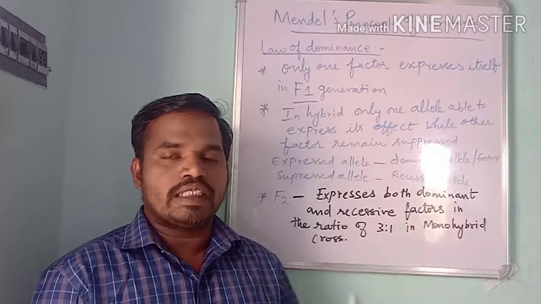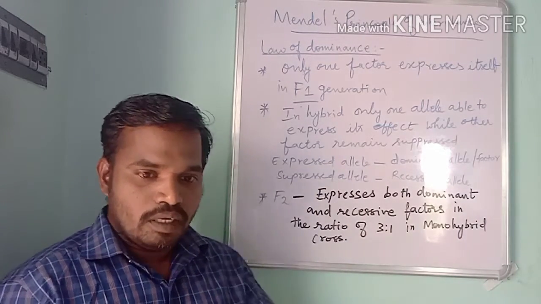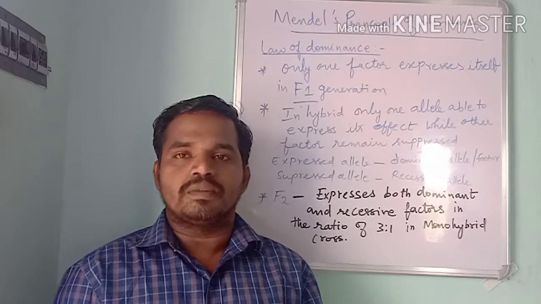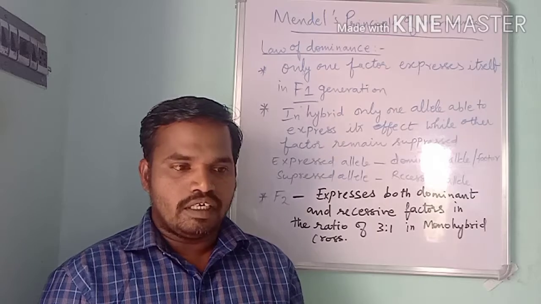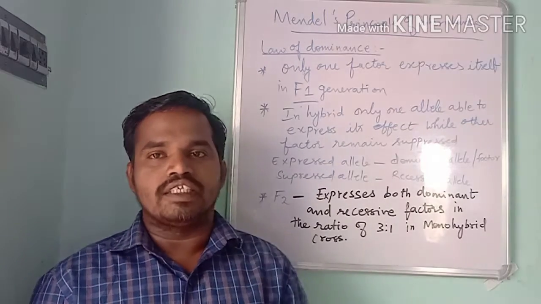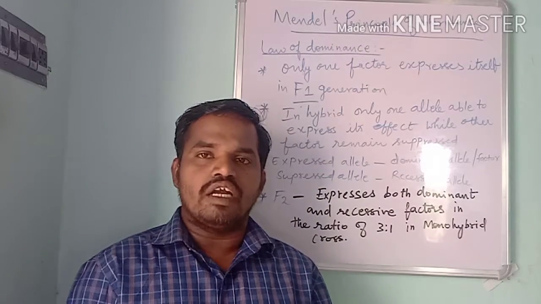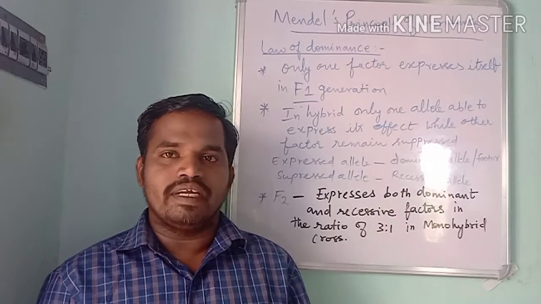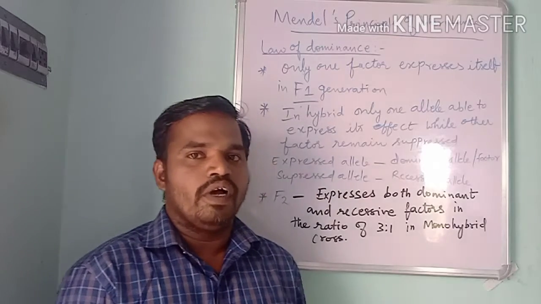The dominant allele expresses, while the allele which is not able to express itself in the F1 generation is masked by the dominant allele. So what is a recessive allele? The allele which is not able to express phenotypically in the F1 generation is known as a recessive allele.